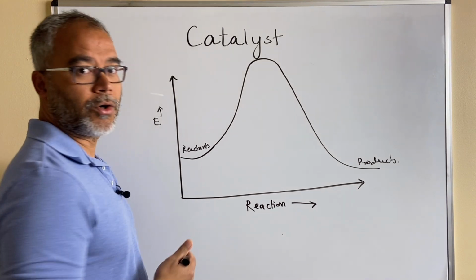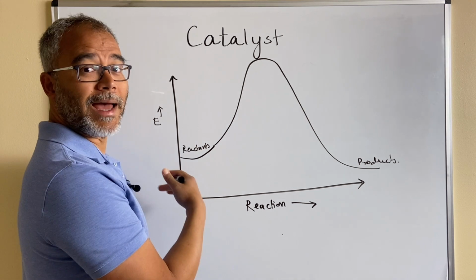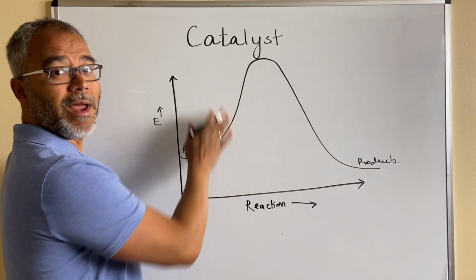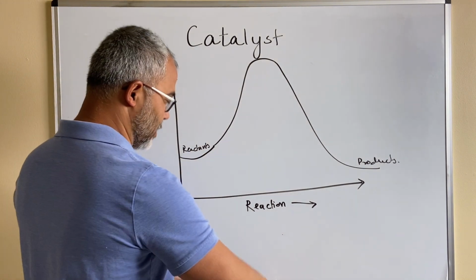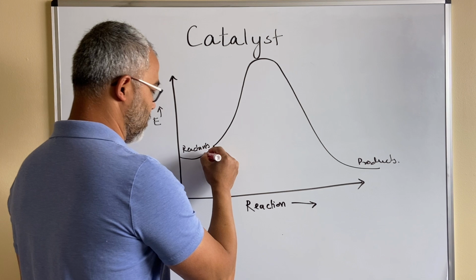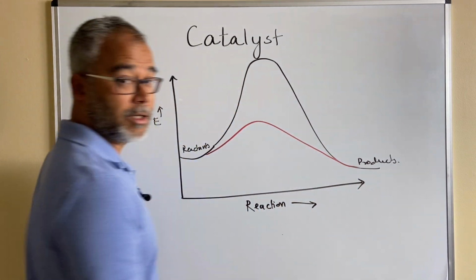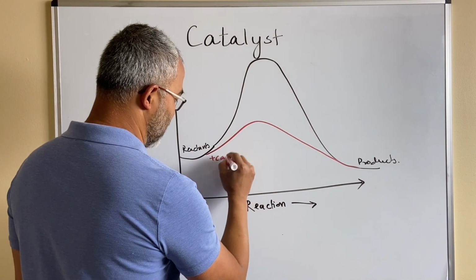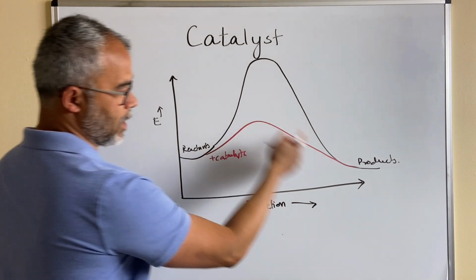So what we can do is we can add a catalyst. When you add a catalyst to the reaction, it actually changes the reaction pathway. So instead of it going up there, a catalyst would say, hey, you know what? I'm going to take you along this path to get to the same products. So the reactants plus catalyst go up this path and go down there.